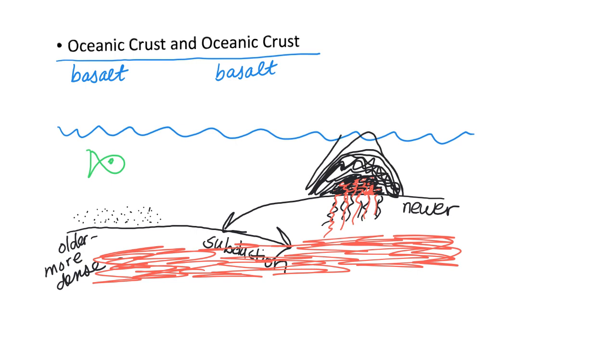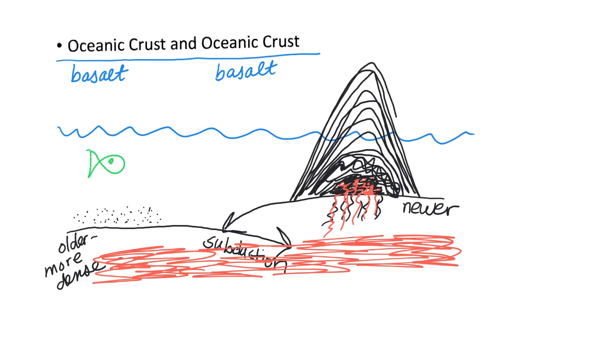And eventually it's going to break the surface of the water, and now we have an island. And so our volcanic islands are made through this process. So this is a volcanic island.